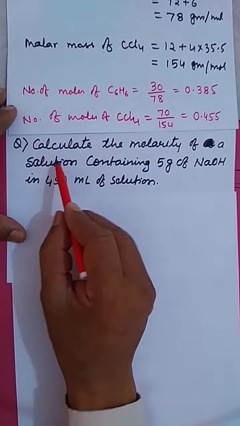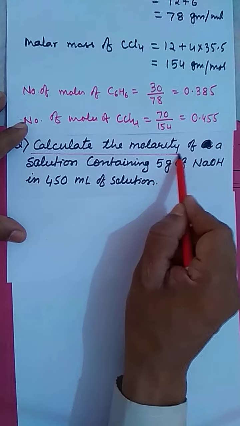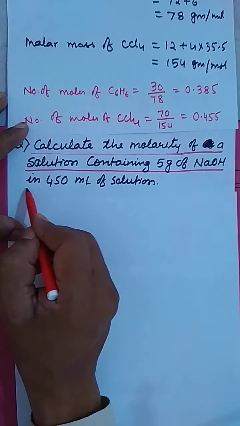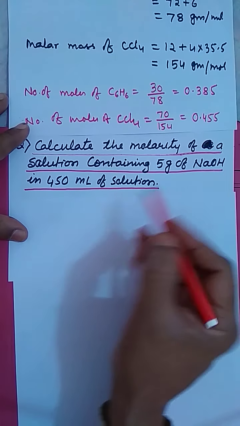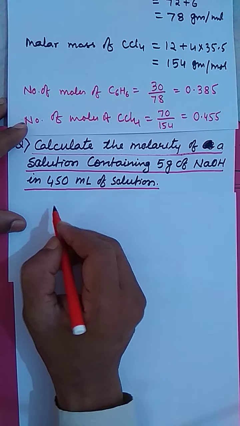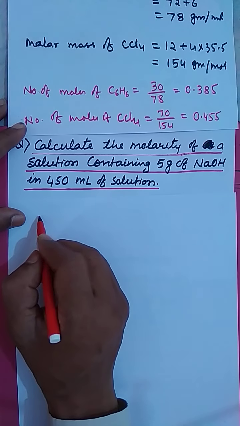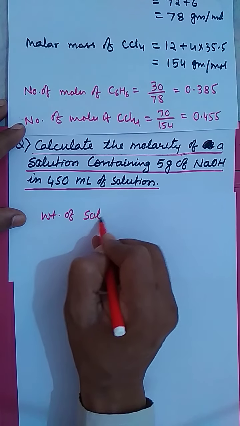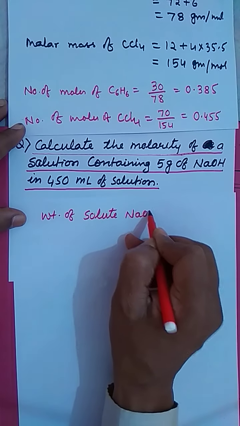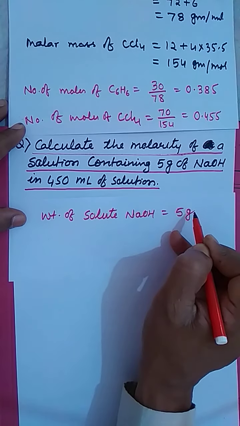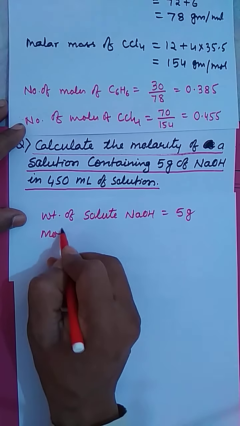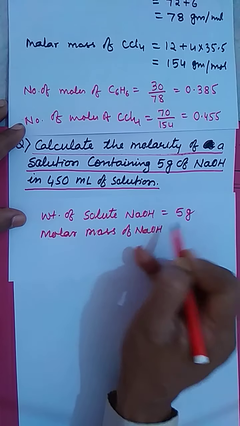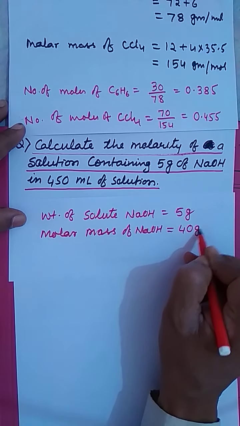In this question, calculate the molarity, capital M, of a solution containing 5 gram of NaOH, sodium hydroxide, in 450 milliliter of solution. It's a quite easy problem. So first you write weight of solute NaOH, this is equal to 5 gram, and molar mass of NaOH, this is equal to 40 gram.